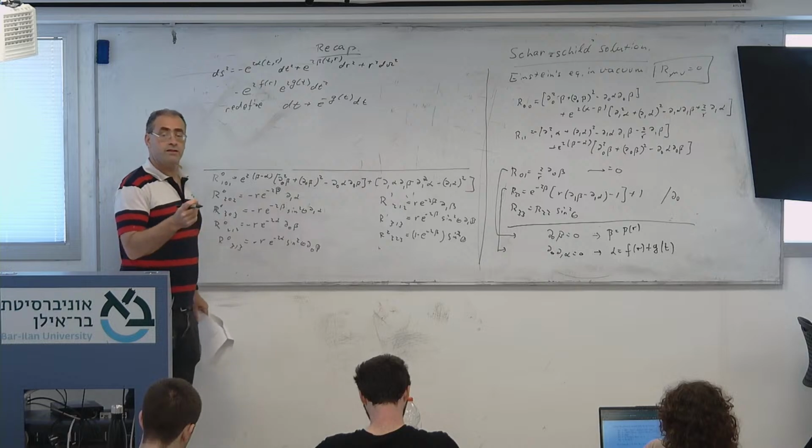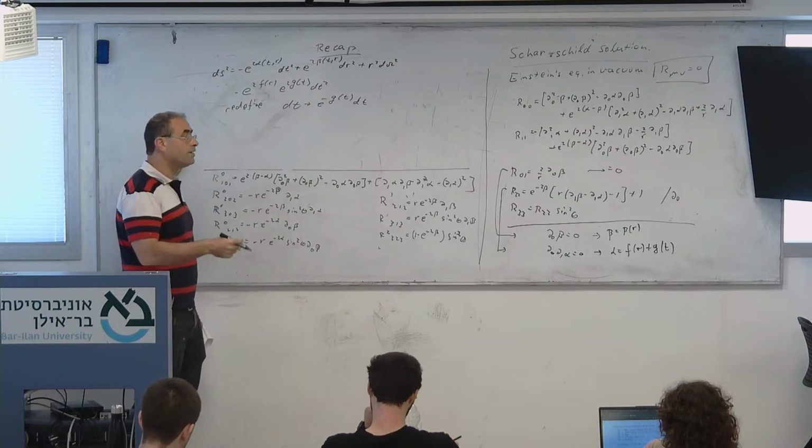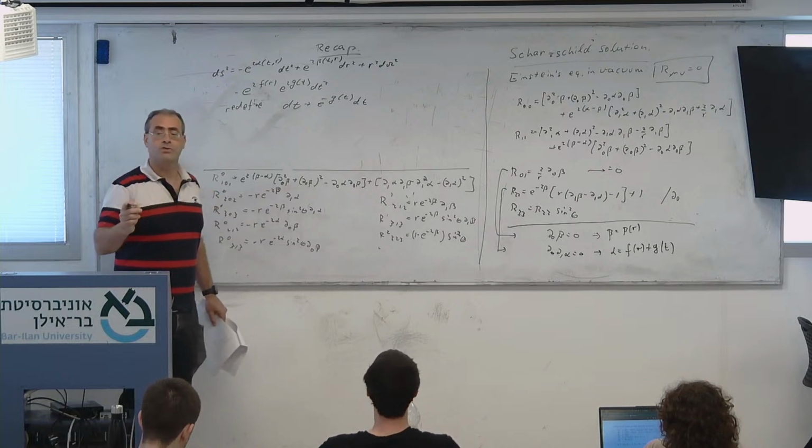This is equivalent to selecting the coordinate t such that g of t is always 0.